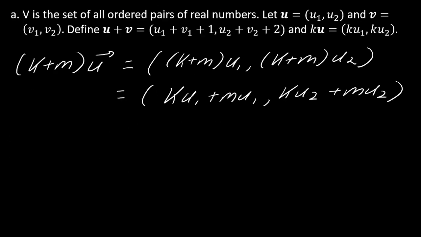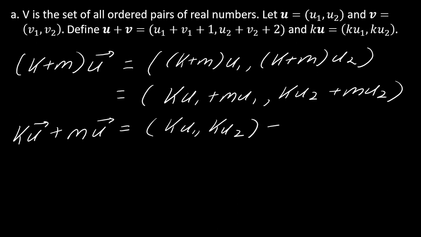So if I do the right side and I set that up, I'm going to have k times u plus m times u. So this is going to be ku1, ku2 plus mu1, comma, mu2.